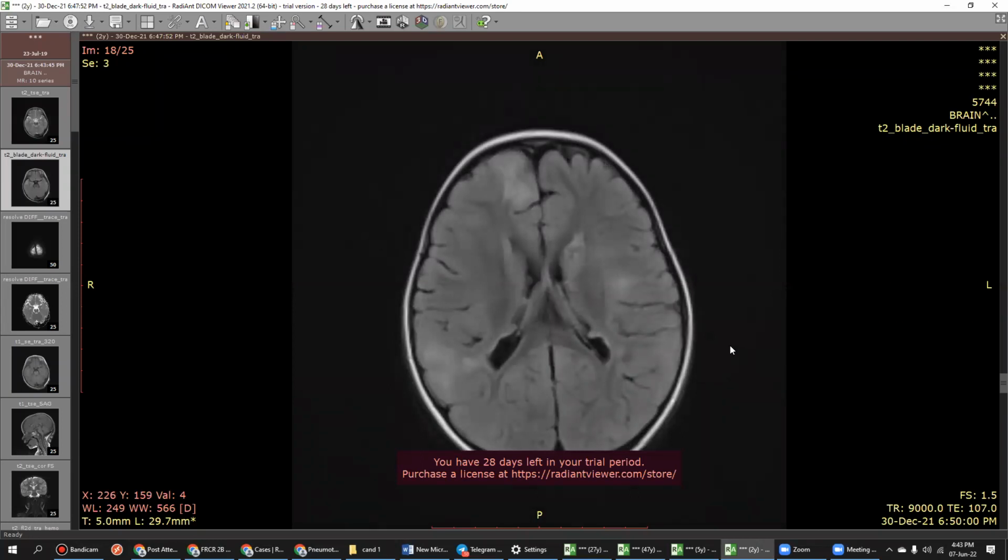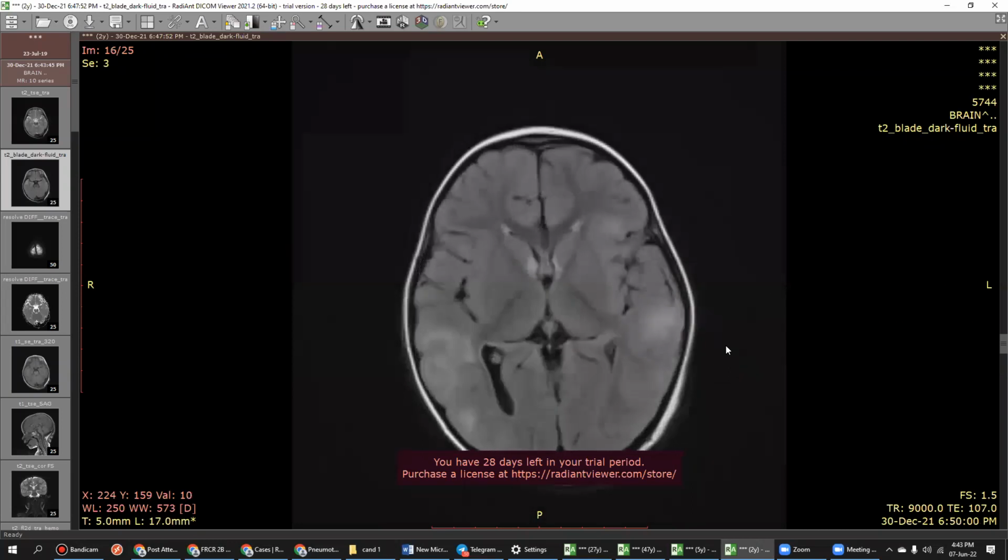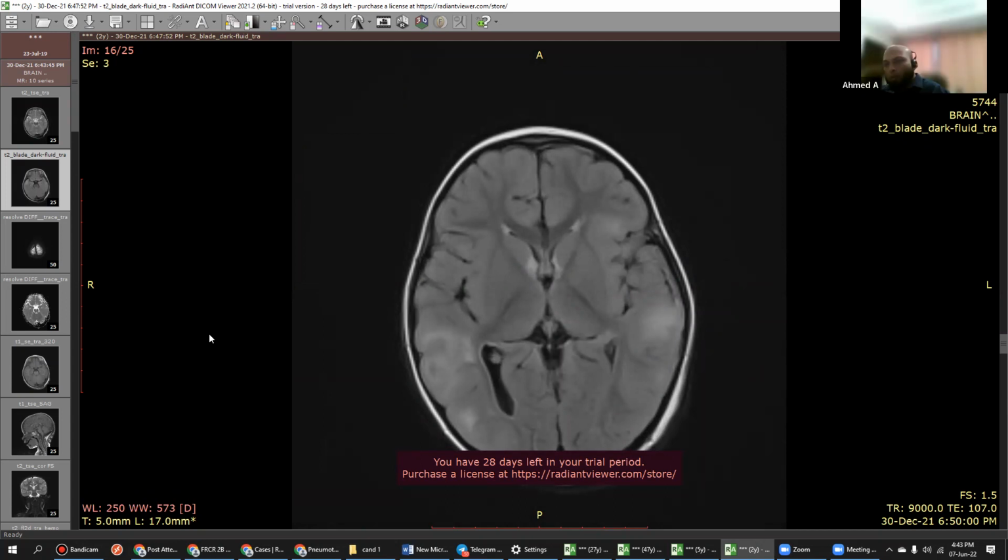However, I don't see any evidence of any enhancing lesion. So I would like to have a look at the T1 post contrast. I do not have the post contrast, please. Okay, I don't see, however, any evidence of subependymal giant cell astrocytoma, which is an association with these lesions.